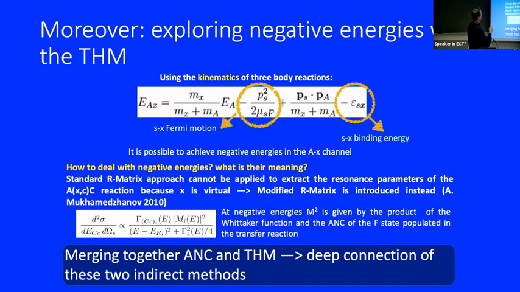And so you can explore the bound state region. So you essentially get the ANC for these cases. It shows a deep connection between ANC and THM. This is very good because sometimes you can make a comparison between direct data and indirect data taken with different indirect methods like ANC and THM.